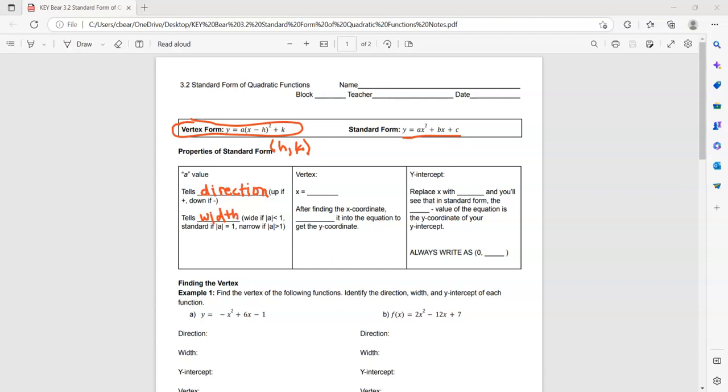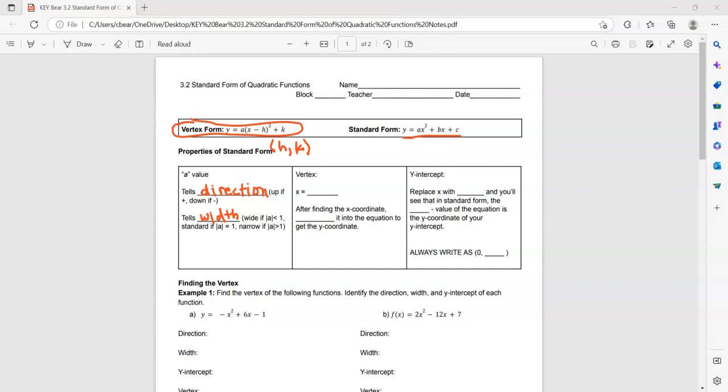It's wide if the absolute value of A is less than 1. So think of it as A getting closer to 0. If there is no A value listed, meaning it's just an understood 1, then it's a standard width. And then narrow as A is getting further from 0, so the absolute value of A is greater than 1.